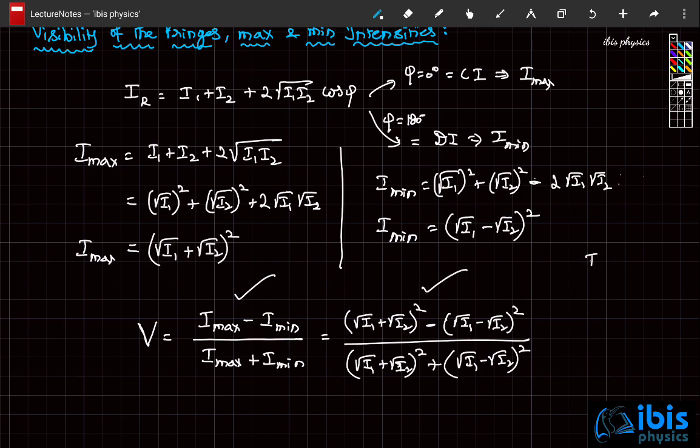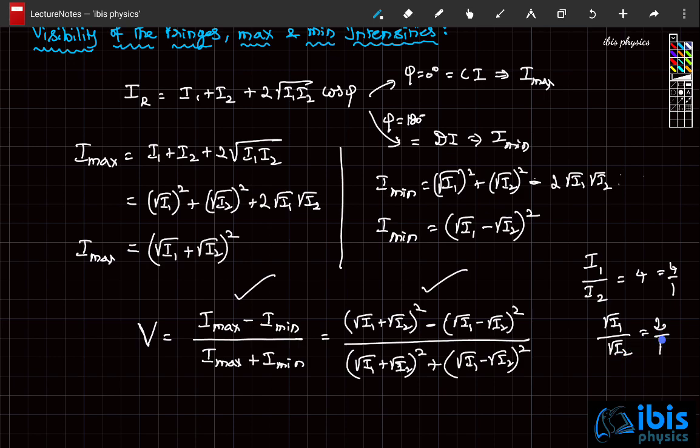If they say the ratio of the intensities of two lights, I1 is to I2, is 4, what is the visibility of the fringes? If I1 by I2 is 4, which is 4 by 1, taking the square root, root I1 by root I2 is 2 by 1.